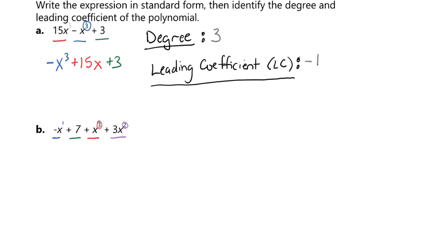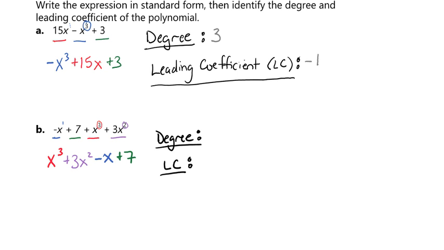So our highest power is the x to the third, so that's going to go first. So x to the third. After 3 comes the 2, so we'll have our positive 3x squared. Then after 2 comes 1, so it's going to be a negative x, and then our constant of plus 7. So that is standard form.